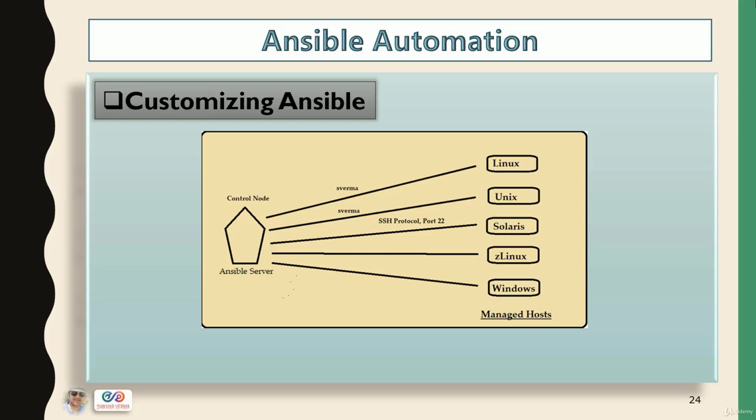So what is the solution for that? For communication, I'm going to use the normal user, that is S Verma. And once it logs into the client machine, it will elevate its privilege from normal user to the root user, and then it is going to perform the task, that is the patching, whatever task you want to perform.